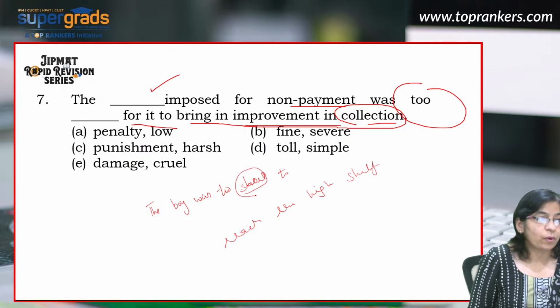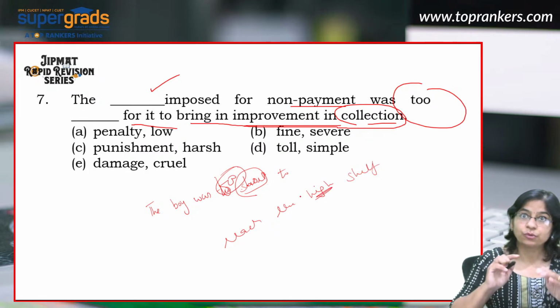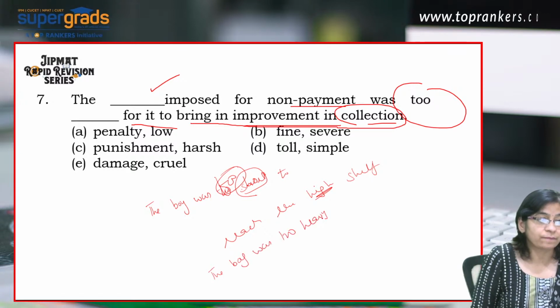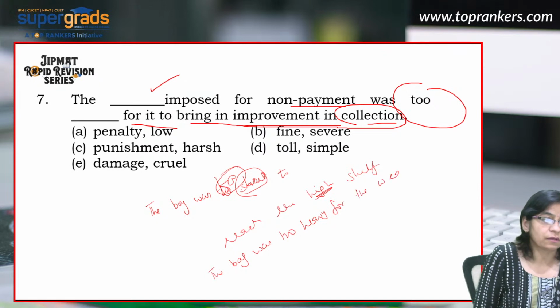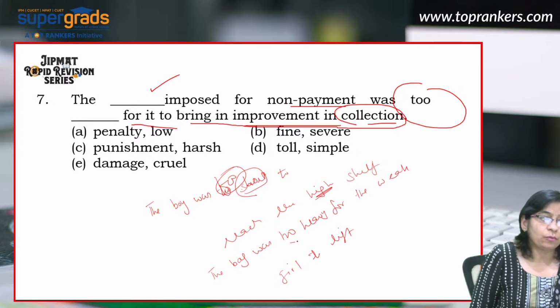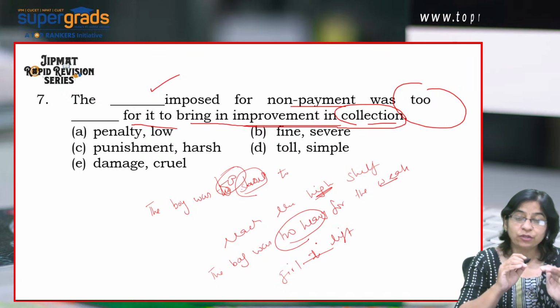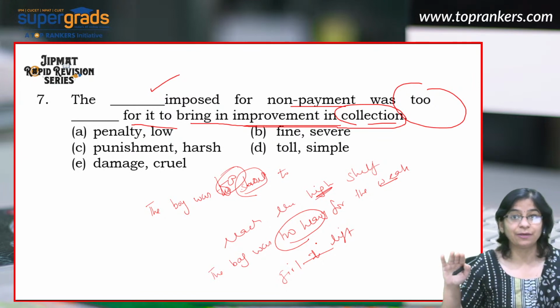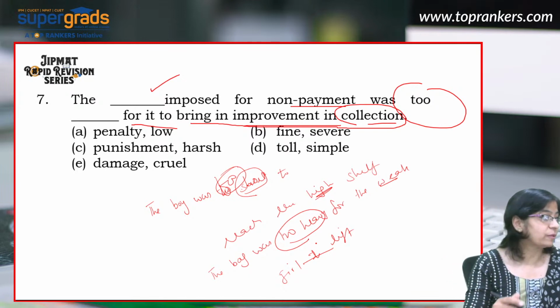Now maybe we can look at another example: the bag was too heavy for the weak girl to lift. So "too" also tells you that something is in the extreme. One side could be one extreme of the story and the other side could be the other extreme. Now let's look at the answer choices.